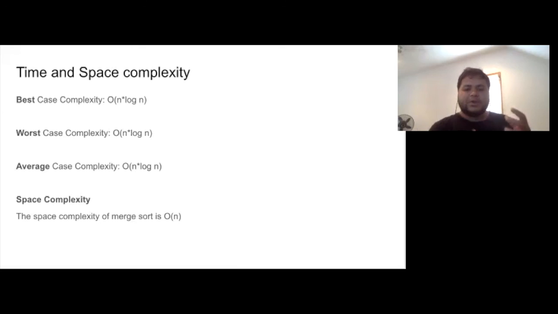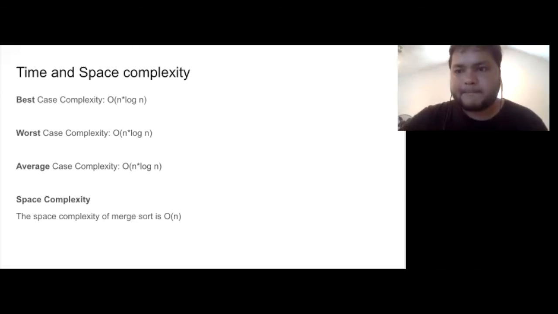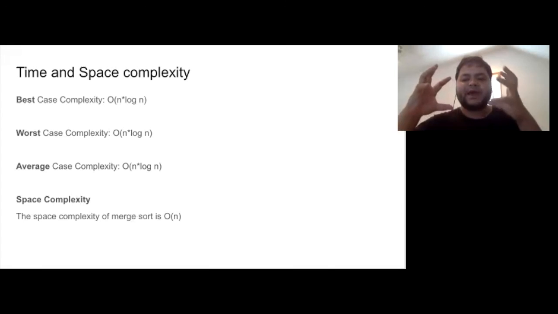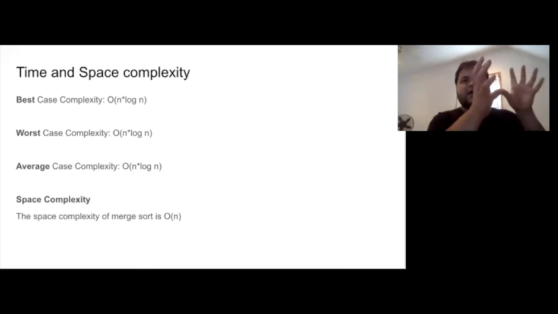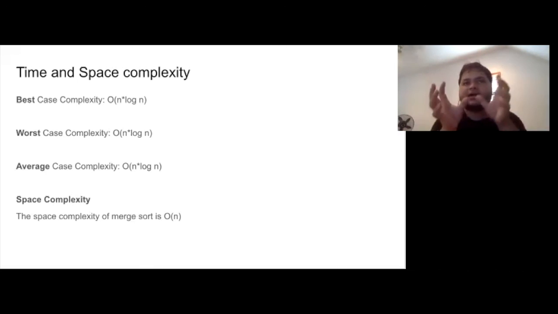And you know, what is space complexity? You already saw that it requires an equal amount of additional space as the unsorted array, because you have to create the subarrays and then compare them and combine into one solution.